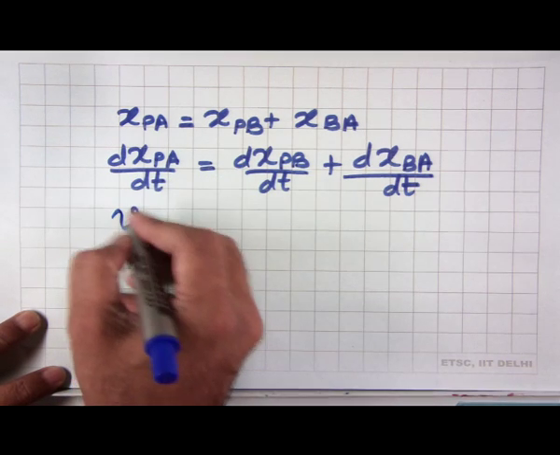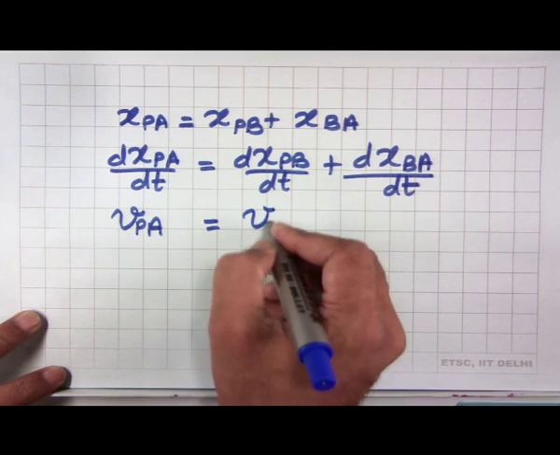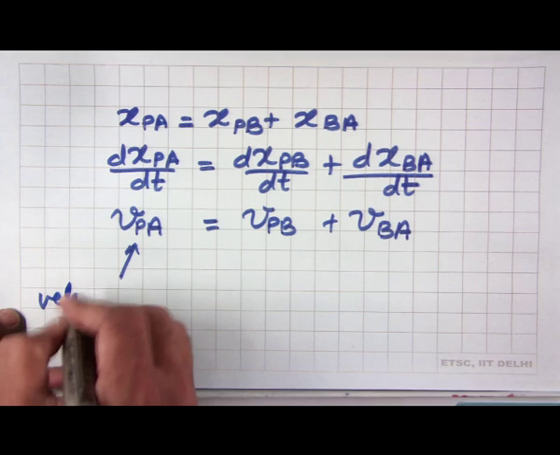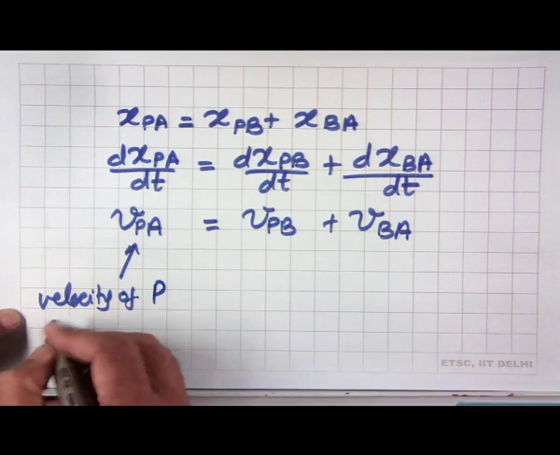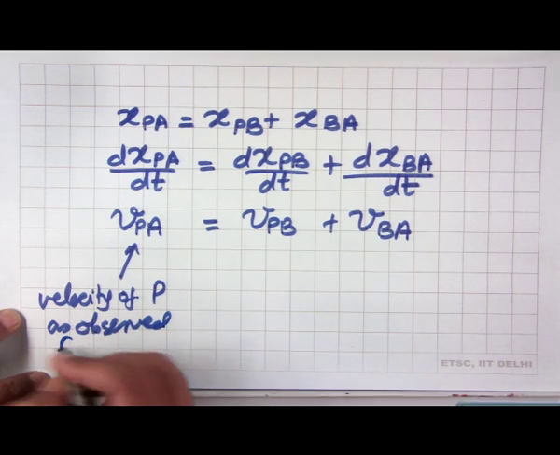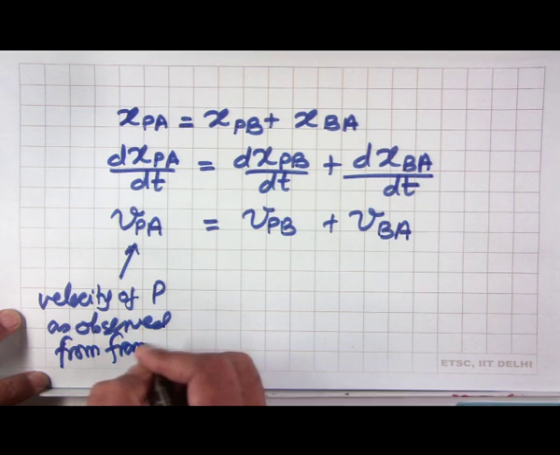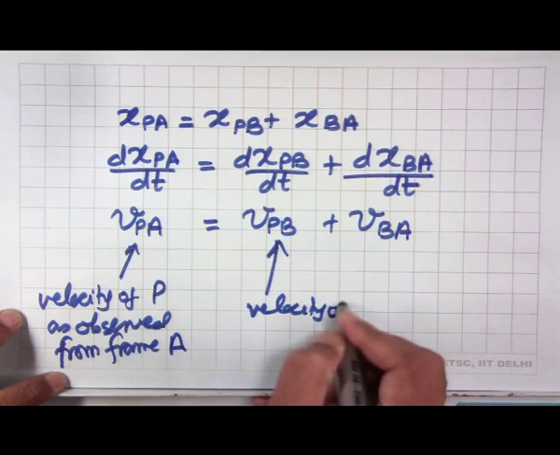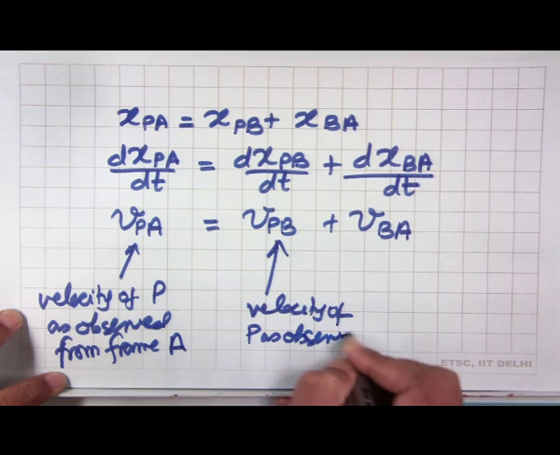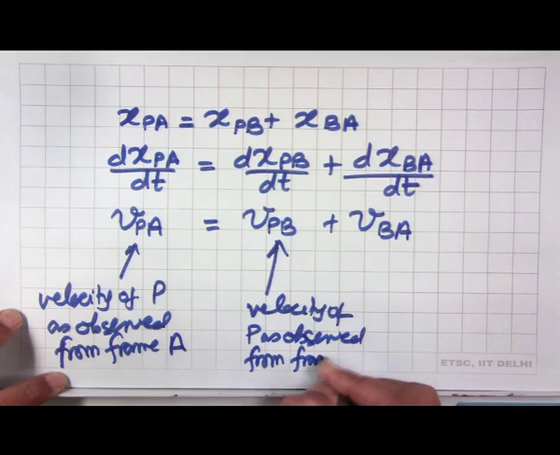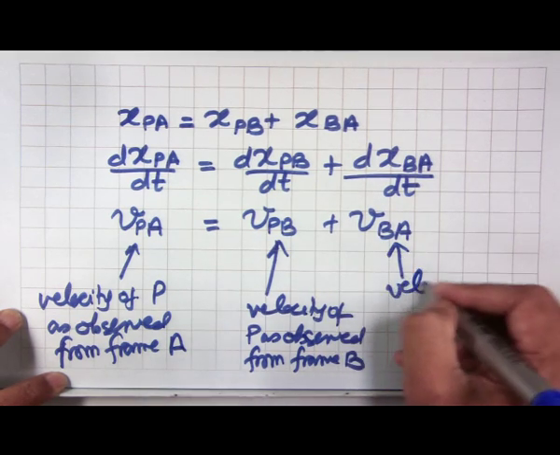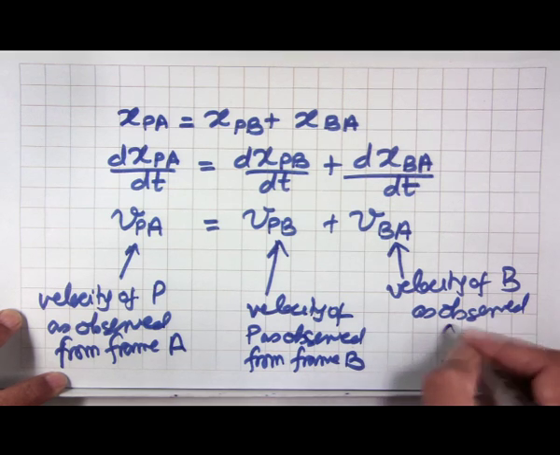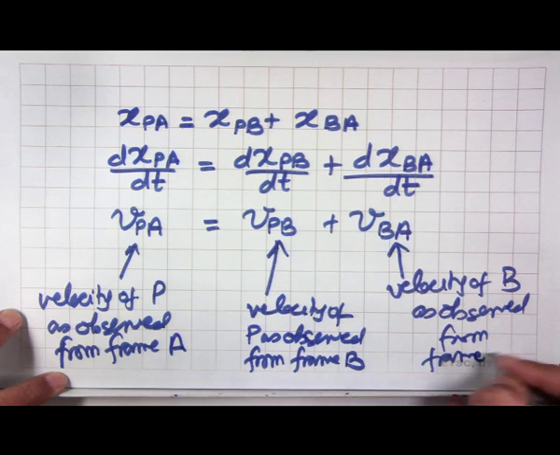And this we can write as VPA is equal to VPB plus VBA, where VPA is the velocity of P as observed from frame A, and VPB is the velocity of P as observed from frame B, and VBA is the velocity of the frame B as observed from frame A.